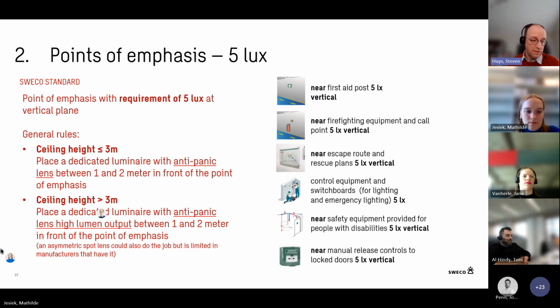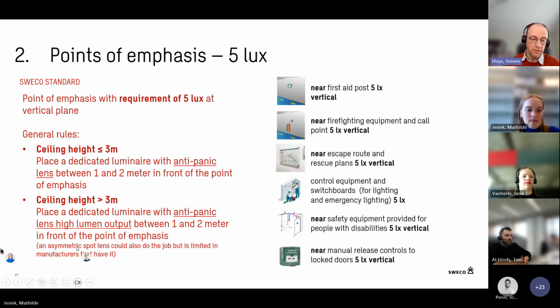If the ceiling height is higher than 3 meters, then it's not enough to have a standard anti-panic lens with a standard lumen output. Then you should have one with a higher lumen output, because you don't have the 5 lux at the fire hose, for example, or at the fire buttons. And then you need a higher lumen output.